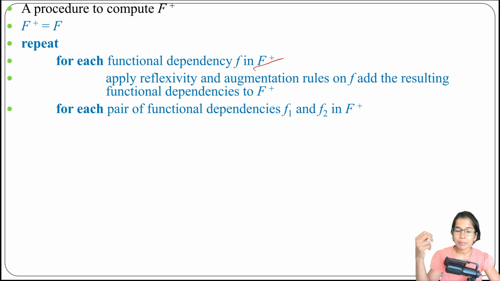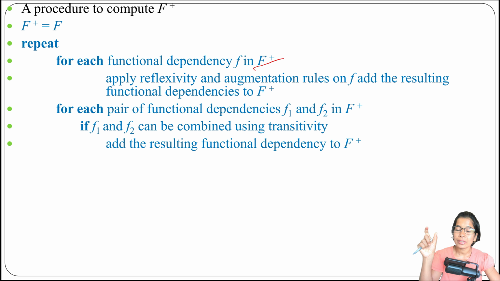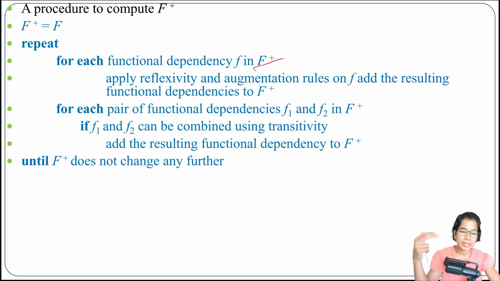Then for each pair of functional dependencies f1 and f2 in F plus, check if they support the transitive rule. Transitive rule means if A implies B and B implies C, then A implies C. Then we can add A implies C to the functional dependencies. If f1 and f2 combined support transitivity, we add the resulting functional dependency to F plus, and we continue this process until it doesn't change any further.